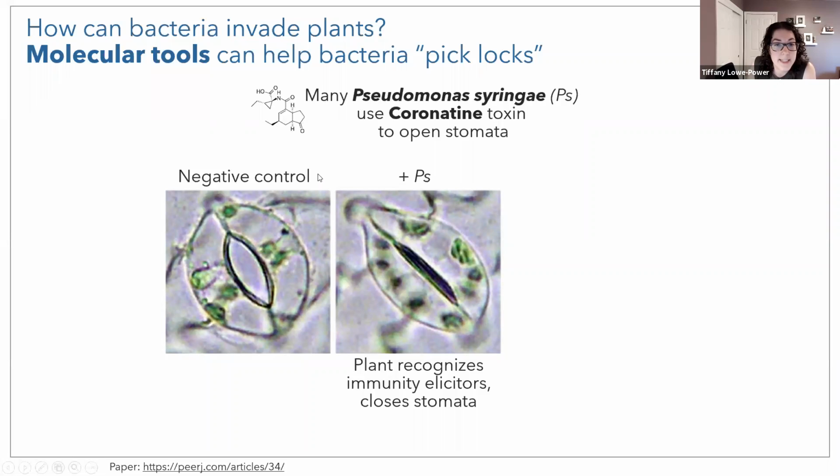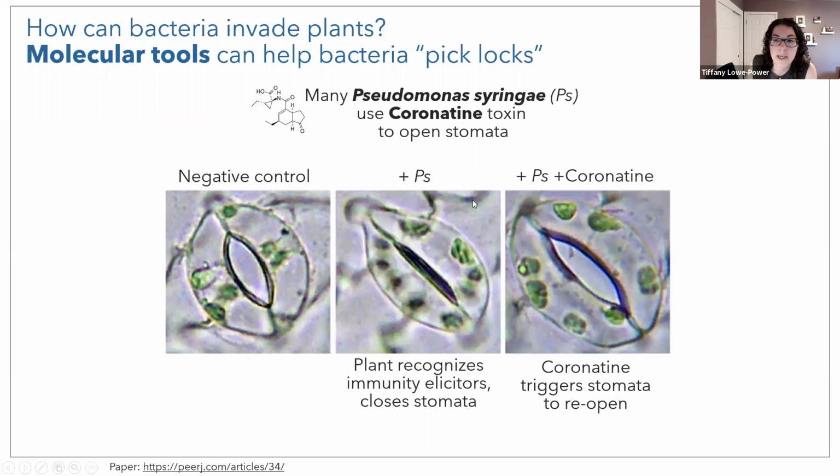The plant is able to sense some of the molecular pieces of bacteria. And when we add just a normal Pseudomonas bacteria, the first response from the plant is to close off that stomata and prevent entry by the bacteria. So it closes the gate. This is when the plant recognizes some, we can call them elicitors, things that elicit immunity.